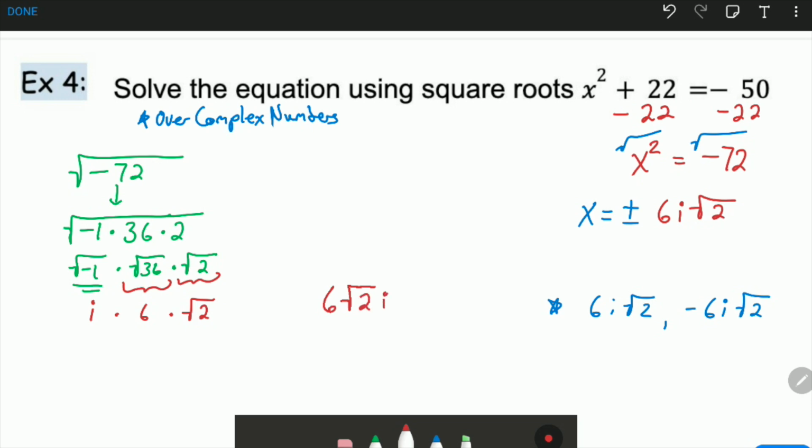I personally don't like this way of writing it very much because the two forms, especially when handwritten, are so similar and so easy to mistake, accidentally extending that radical sign just over the i, but they're two completely different answers. So I like to make sure I put the i in front of the radical. It just makes it a little easier to distinguish them, especially with handwritten answers.